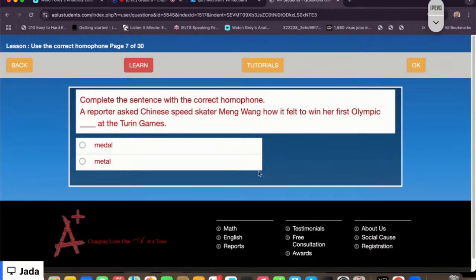So what do you think? First or second? Okay, so option one.